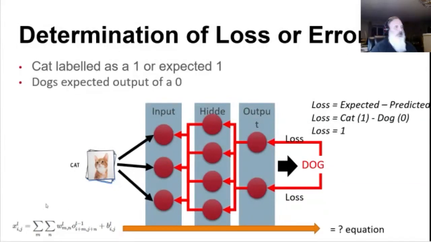This is the forward propagation equation, essentially the unfolded equation of the forward pass through a neural network that needs to be solved for the weights to determine how much each weight needs to be adjusted. With a single perceptron, the equation was fairly simple. As we layer these things on top of each other, they become far more complicated.